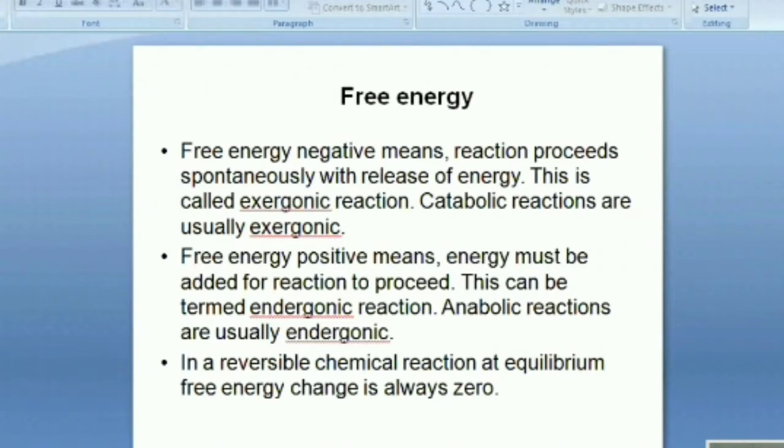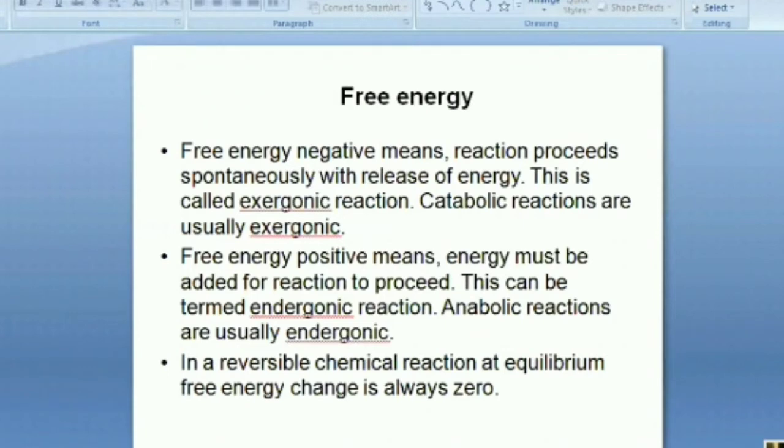That energy which is not required is stored as ATP in the cell, and when necessary, the hydrolysis of this ATP provides the free energy. The release of free energy is accompanied with works.